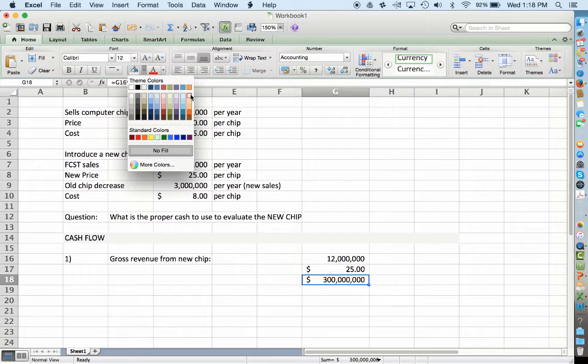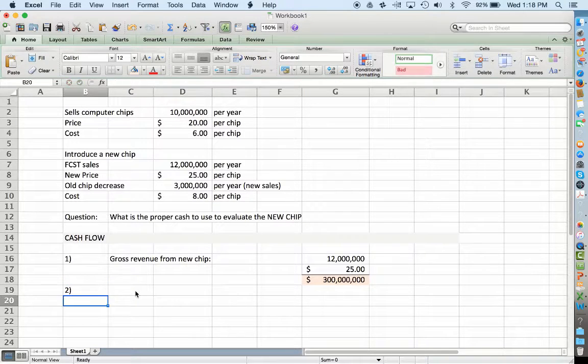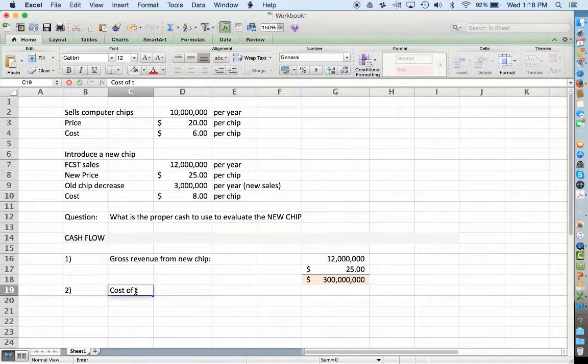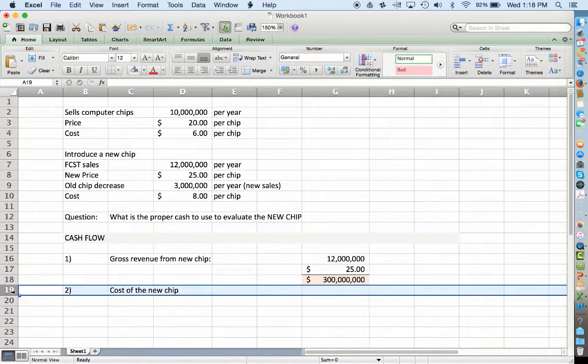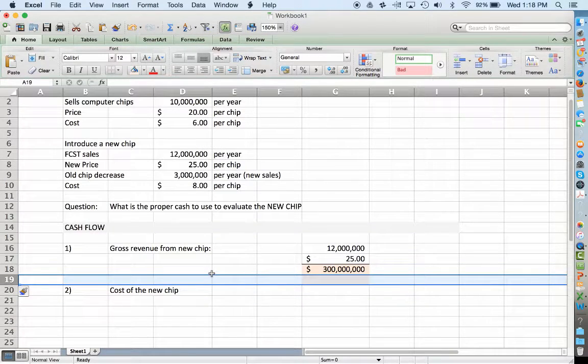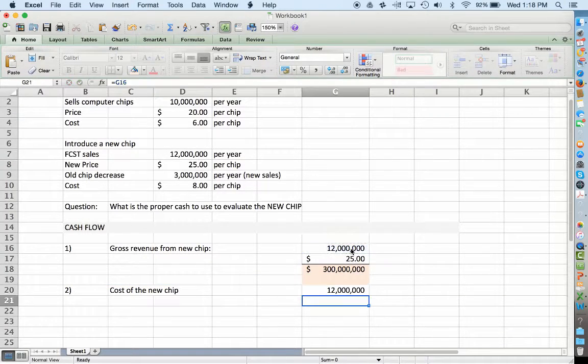Then I also want to figure out the cost of the new chip. All right, how do I figure out the cost of the new chip? Yep, so it's somewhat similar, except instead of using the price, I'm going to use the cost.